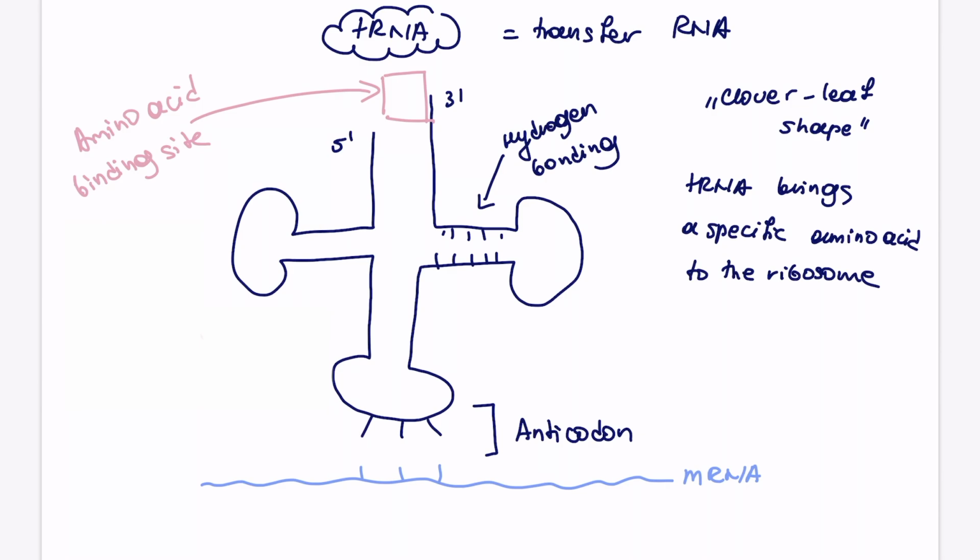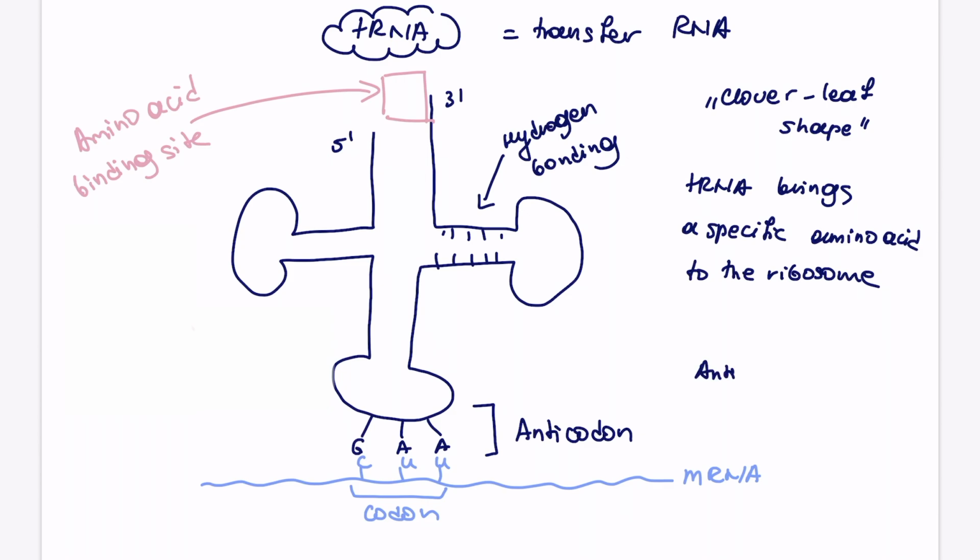So let's draw mRNA, and let's say that the anticodon is hypothetically GAA. That means that this anticodon sequence will be complementary to a codon on mRNA, so it will be CUU in this case. And in the exam, you need to use very specific language.